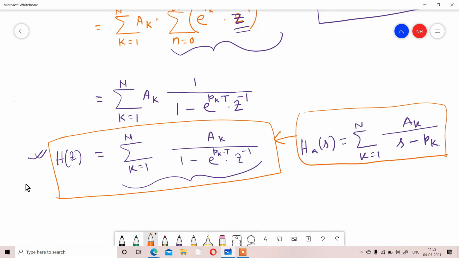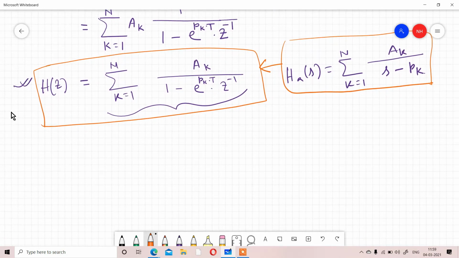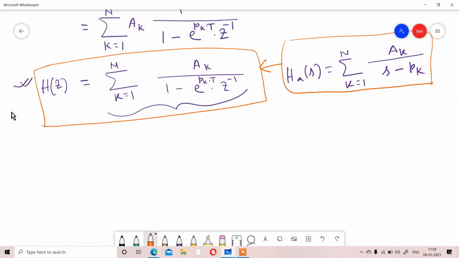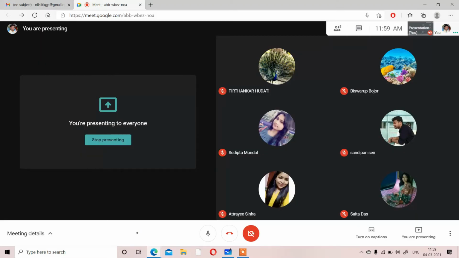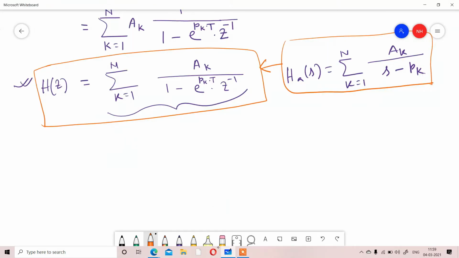Now the matter is that we have to check whether that method satisfies our filter characteristics or not. To do that, we need to compare these two equations.